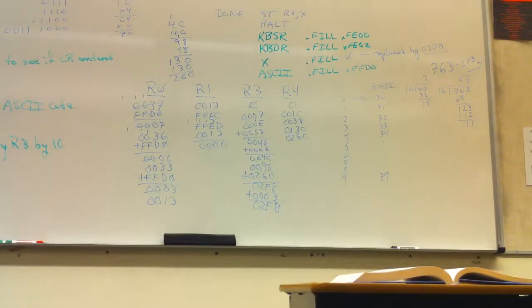Now, if you're going to input stuff in hex, you've got 5 more digits to work with, A, B, C, D, E, F. They do not come sequentially after this.